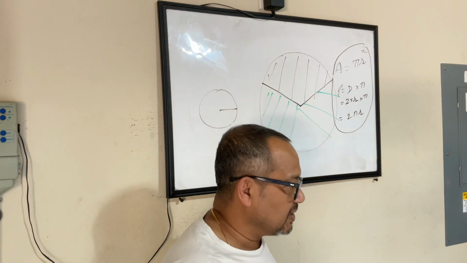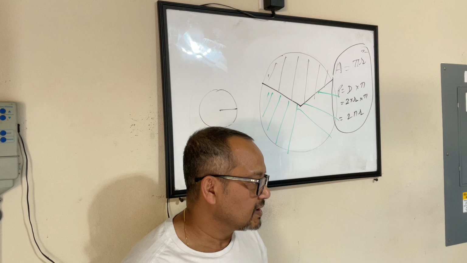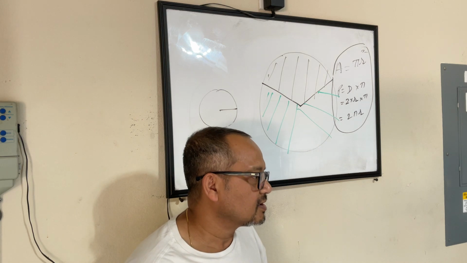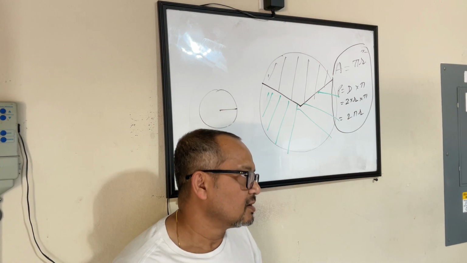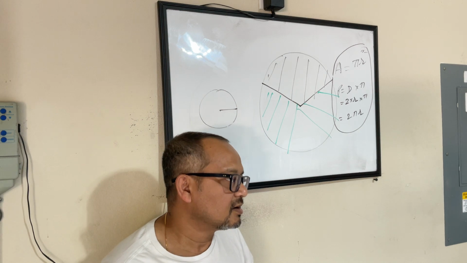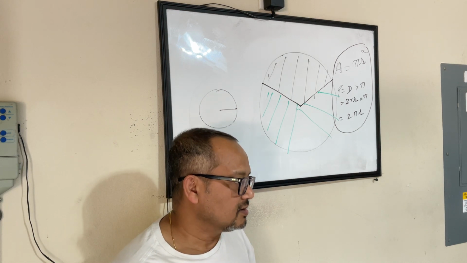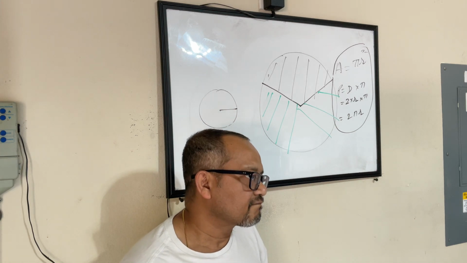So can anybody define what's the difference between the two? One sector has an acute angle, another one has obtuse, so the area of the sector differs, making one smaller, one bigger, or it could be equal. Yeah.